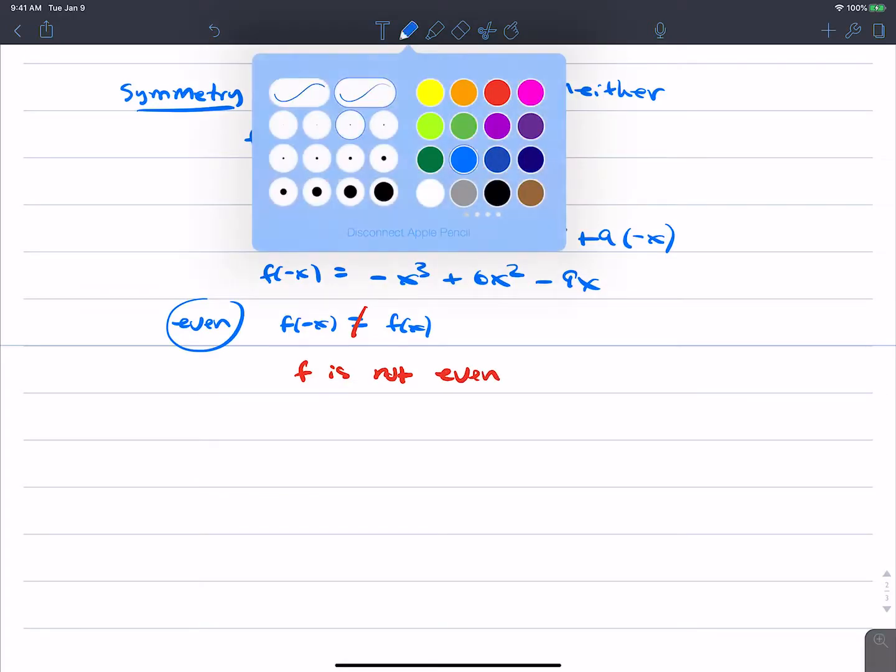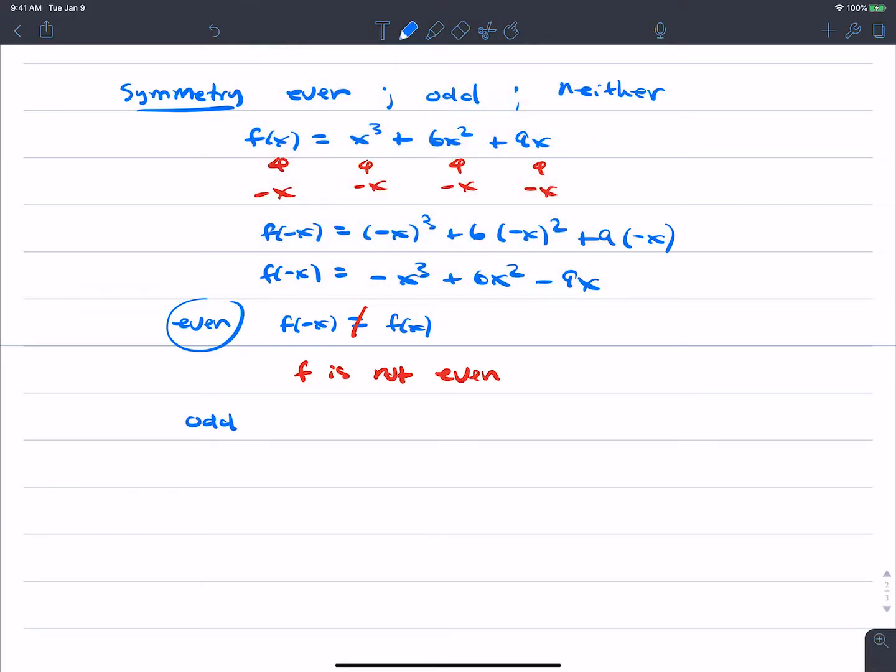Now, how do we find again when the function is odd? If you guys remember. Yeah, what you have to have is this relationship. F of minus x has to be the same as minus f of x. And so we have to consider what minus f of x would be. Change the sign for f of x. So over here, we get minus x cubed plus 6x squared plus 9x.